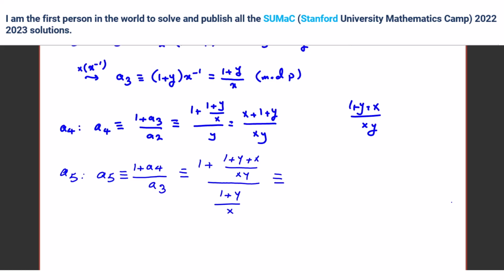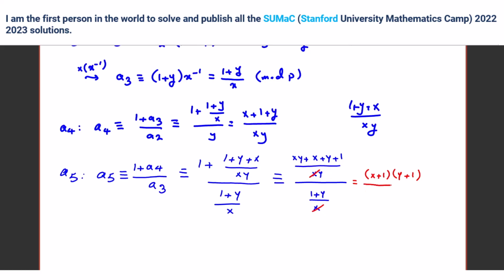Okay, let's check. Here it is xy plus x plus y plus 1 over xy, all over 1 plus y over x, right? Now, do you agree we can multiply both numerator and the denominator by x to cancel them? And do you agree we can write this one as x plus 1 times y plus 1?